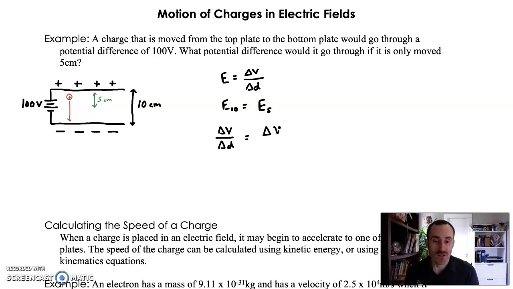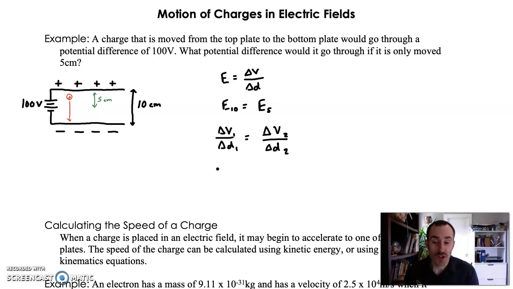And E5 is going to be the potential difference over 5 centimeters. Okay, but we need some subscripts over here because these are not all the same thing. So let's just call this V1, D1, V2, D2. We could call it V10 and D10. We could call it that as well, but it's not really important.